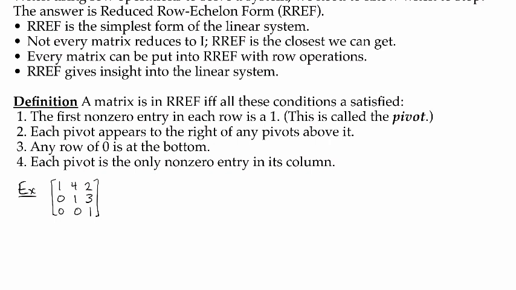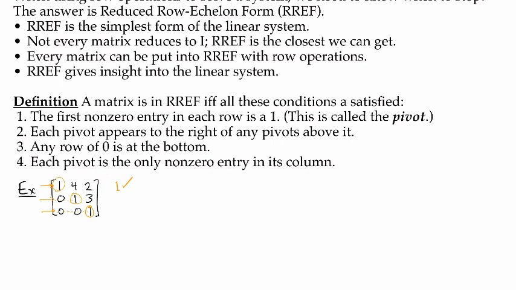We'll go through the steps. First, we check whether the first non-zero thing we see in each row is a 1. Yes. The first non-zero thing in the next row is also a 1, and in the third row also a 1. So rule 1 is satisfied.